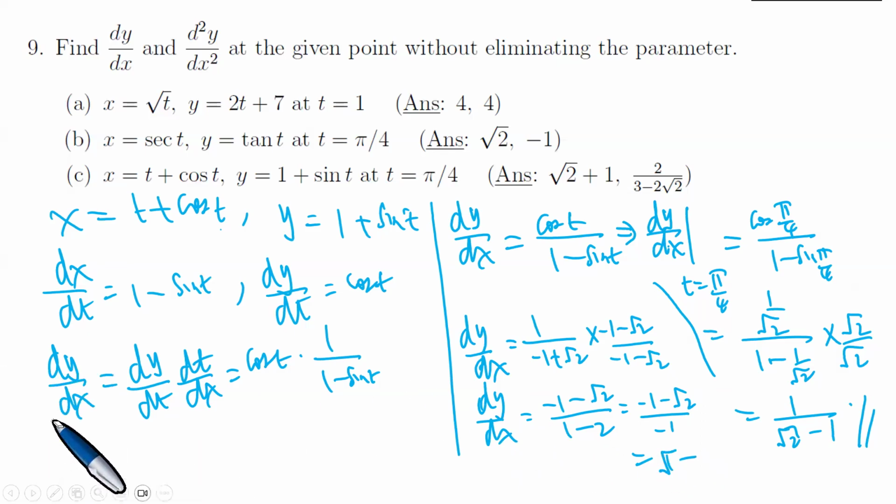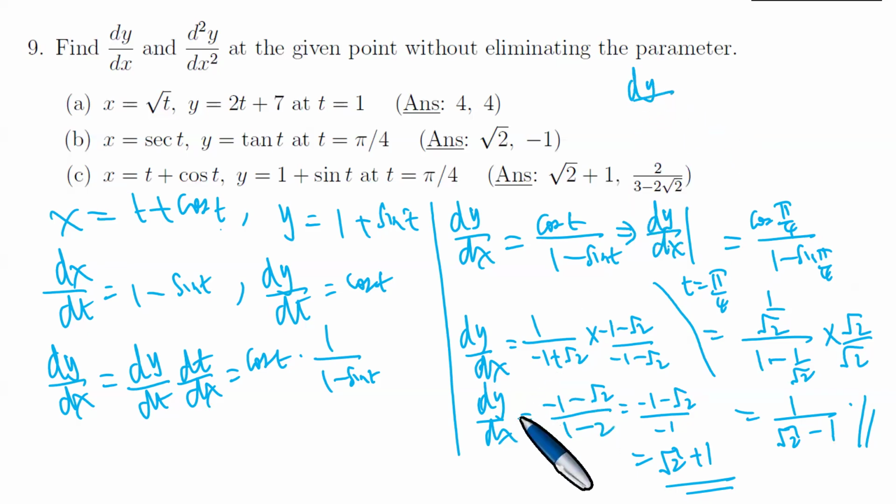Exactly, the square root of 2 plus 1. So this is going to become the square root of 2 plus 1.